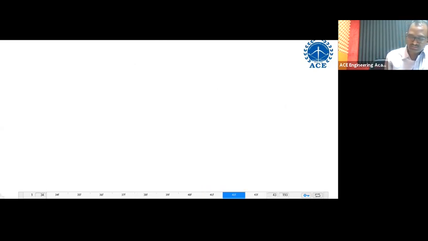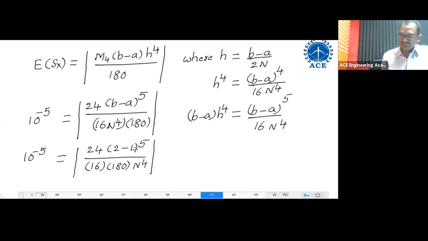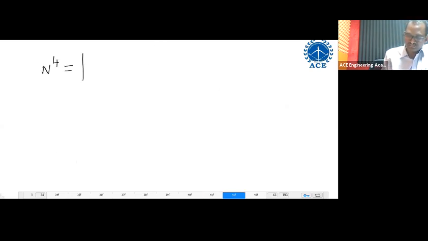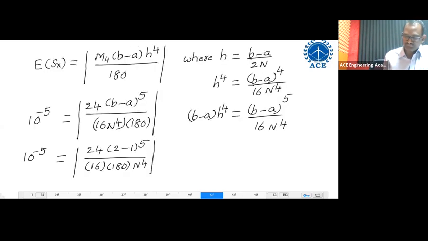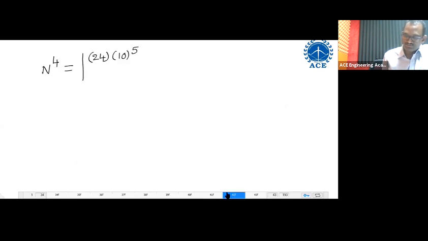Write down by cross multiplication: n to the power of 4 will go to the left side as numerator, and this 10 power minus 5 will go to the right side. 1 by 10 power minus 5 is 10 power 5.